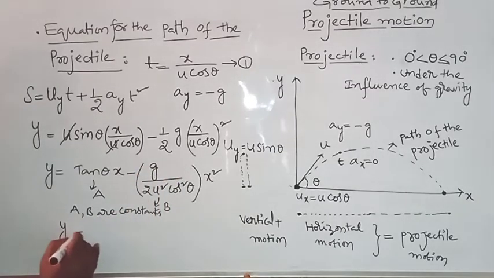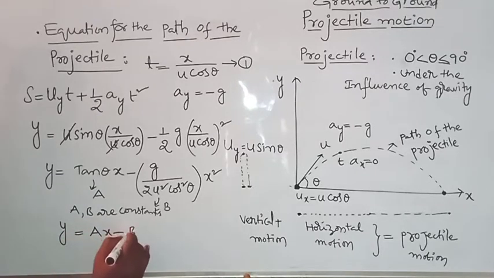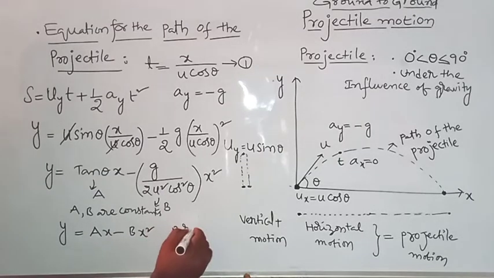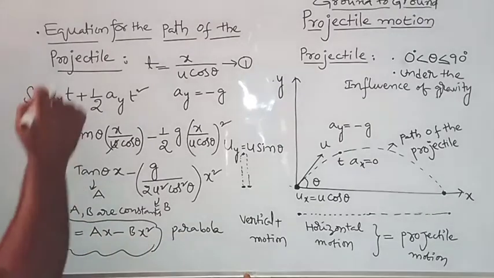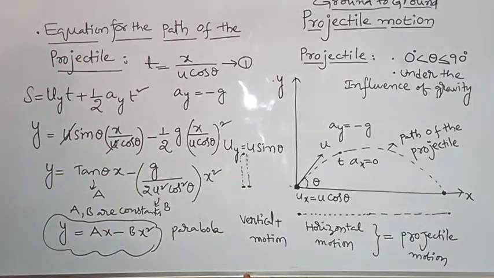By substituting A and B you can get y equals Ax minus Bx square. This equation represents a parabola. That means the equation for the path of the projectile is this, and the path of the projectile is a parabola.